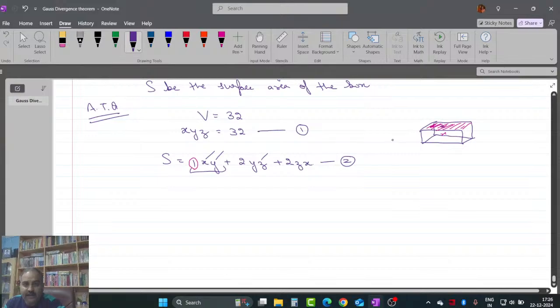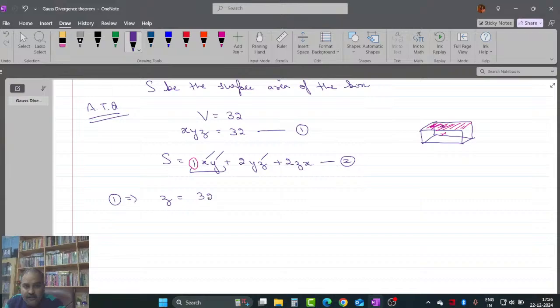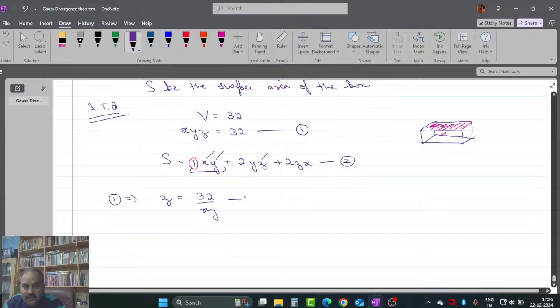So what I do, I evaluate the value of z from equation number 1. So value of z will be what? 32 over xy, that will be equation number 3. So I substitute the value of z in equation 2.